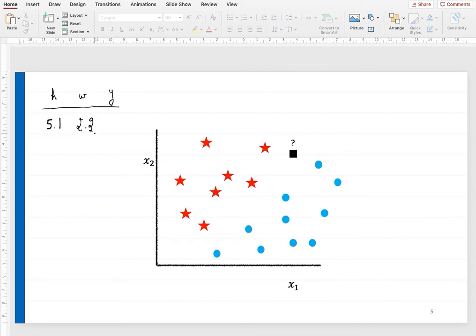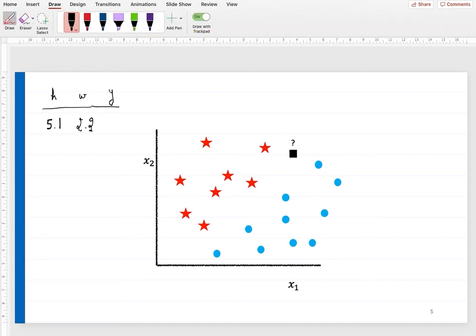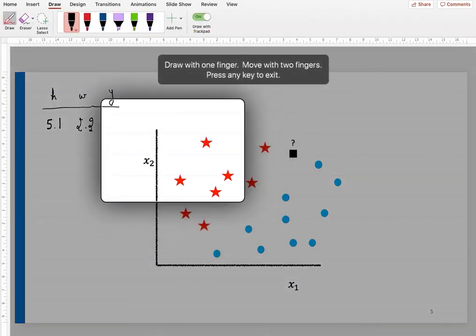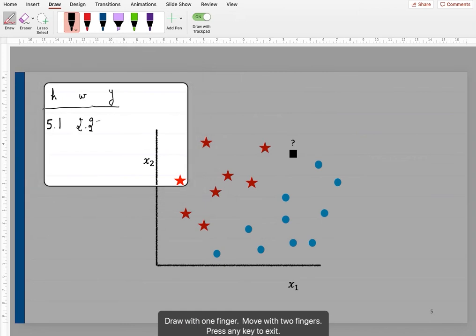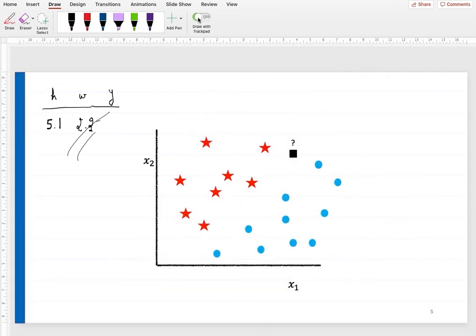Sorry, this is my pen. Yeah, so what do I do now? My height is 5.1, width is 2.2, and I see which flower it is. It is a lotus. This is what I get.